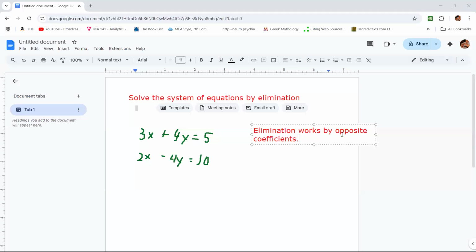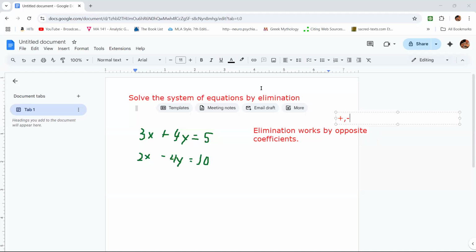Opposite here means opposite sign. So opposite here means positive, negative.